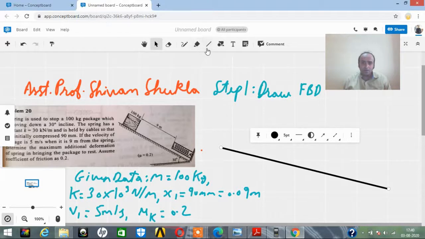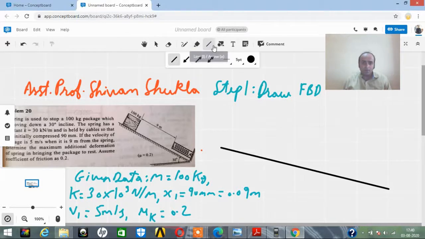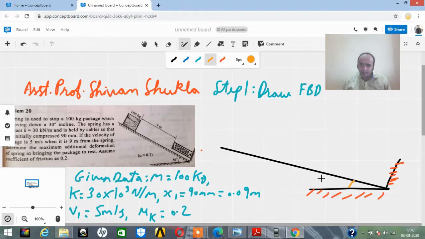Even this will be drawn as a stopper over here. The angle of inclination plane is 30 degrees given to us.